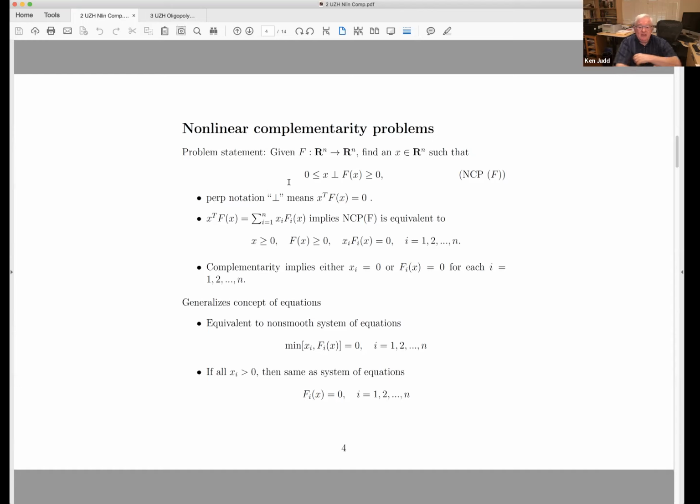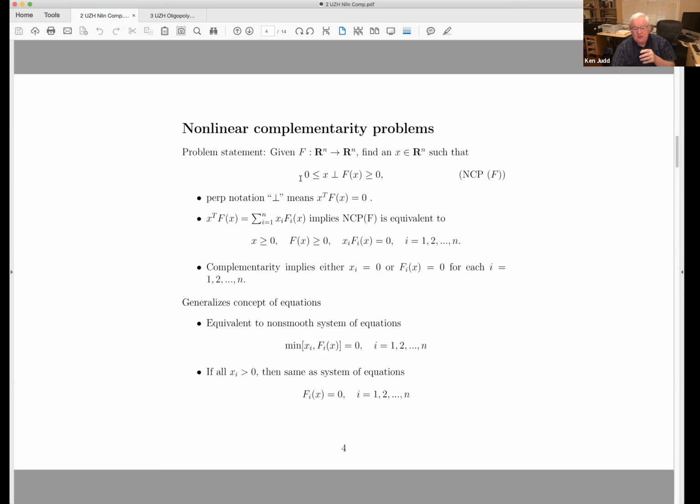Suppose you have a function f and some x. Normally you're saying, I want to find an x such that f of x equals 0. Well, this is a generalization of that idea. You're trying to find an x.